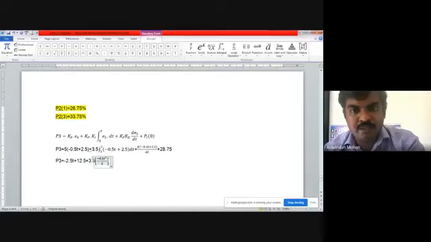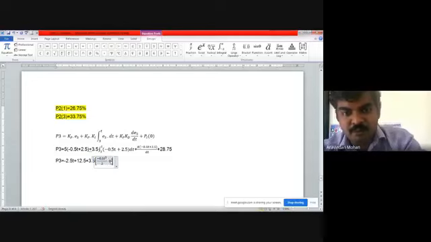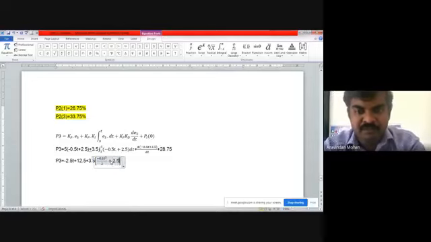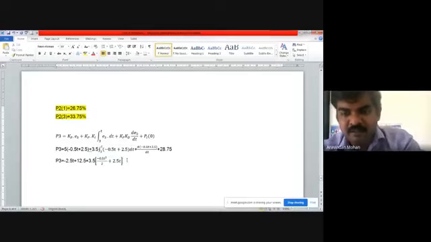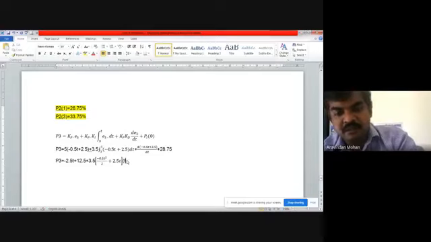Likewise, the next term, plus 2.5 t. This is the integration of the value inside the bracket, and I'm going to substitute the interval values. What are the interval values? T and 3. These are the two interval values.